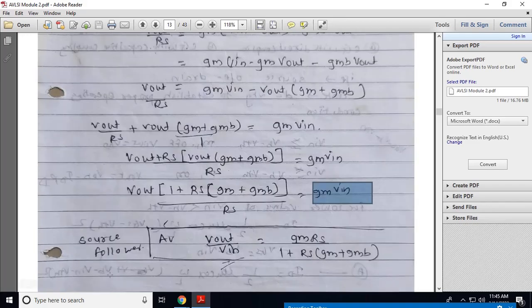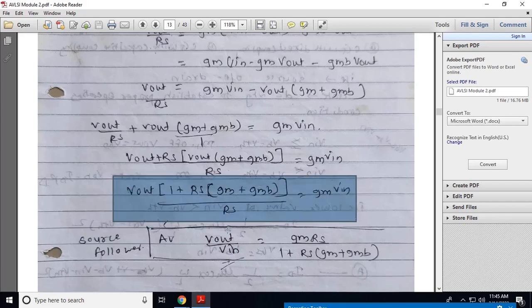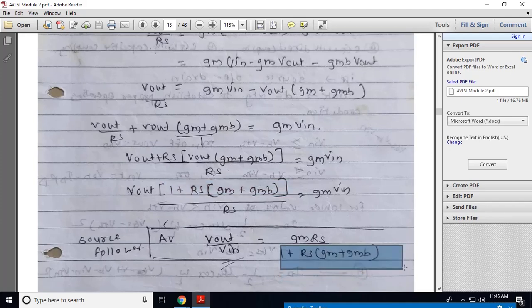Now AV is equal to V out by V in. So V out is at the left hand side and V in is at the right hand side. So we can simplify this equation. So V out by V in is equal to GM into RS divided by this, that is 1 plus RS into GM plus GMB.